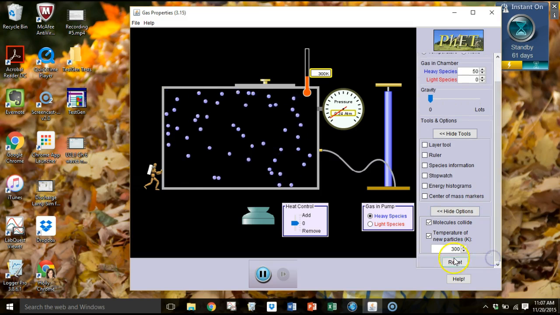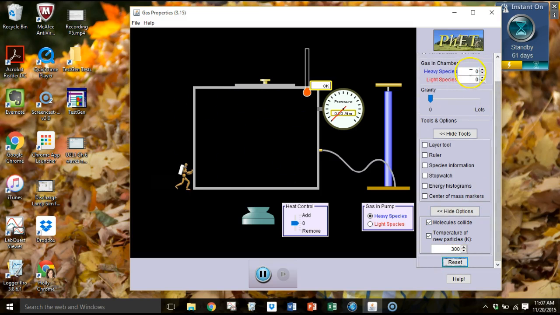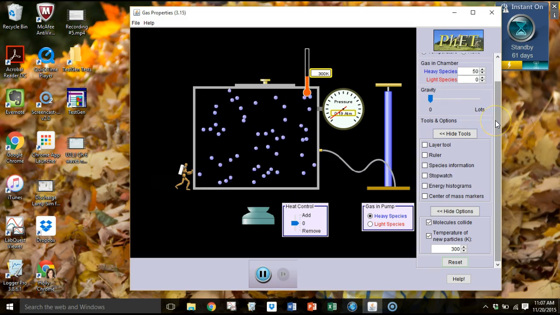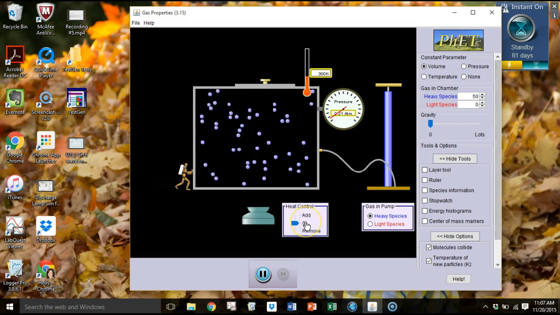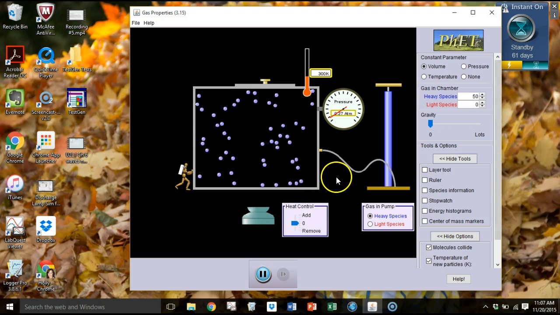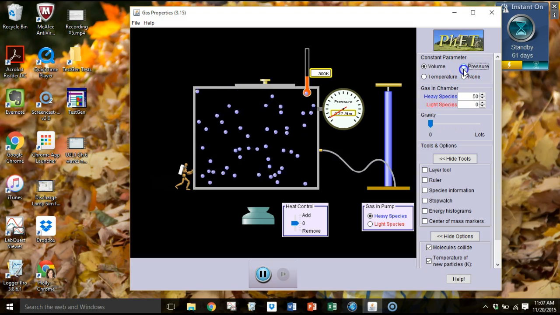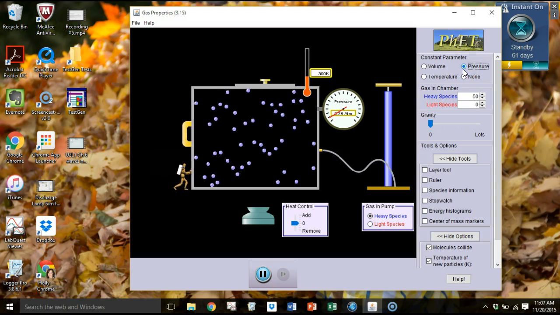Oh, let's reset that. We'll let it equalize first. I'm going to keep our container this big to begin with, and then we'll make it constant pressure. So let's let it get up to get those particles moving, get a pressure reading. Now we'll click constant pressure.